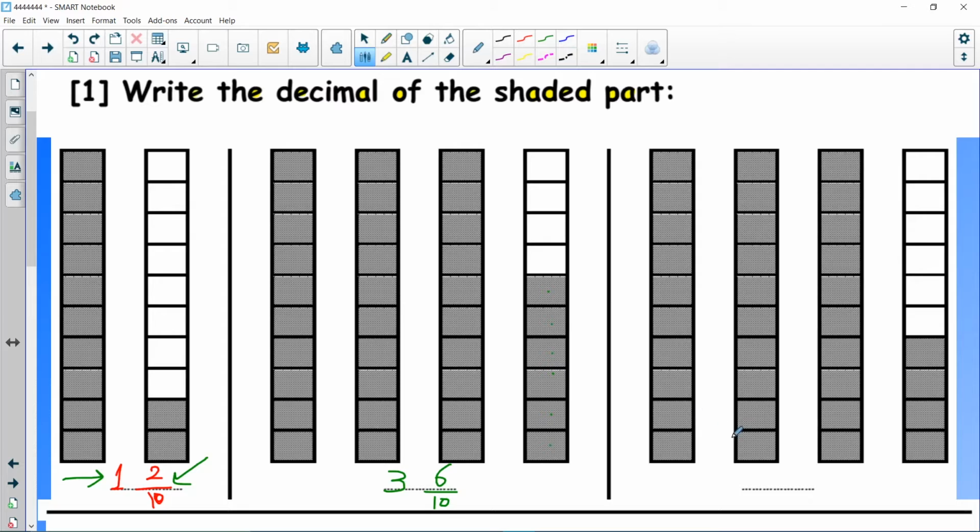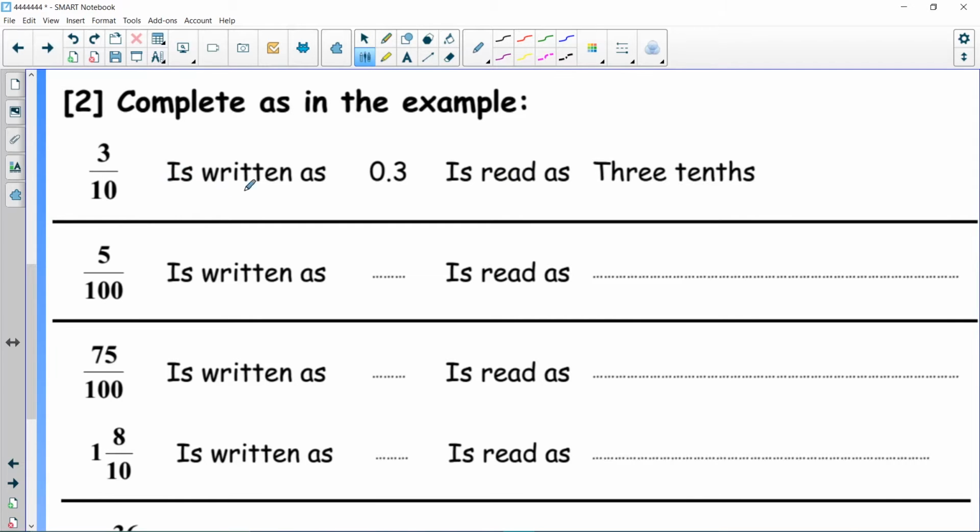The whole is 1, 2, 3. The decimal part is 1, 2, 3, 4: 4 over 10. 3 over 10 is written as 0.3 and is read as 3 tenths.